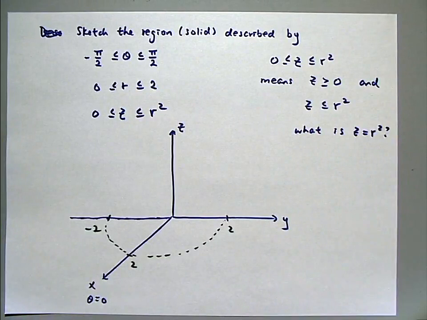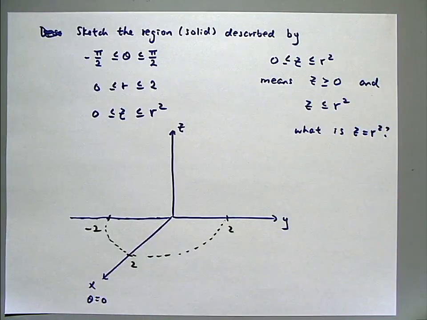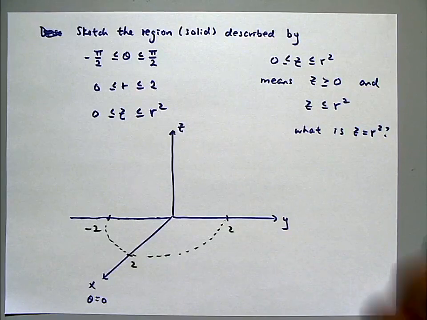If we can figure out what z is equal to r squared looks like, then we know the region we want is always bounded below this thing and above the xy plane. So what is z equal to r squared? Look at the last example. It'll help you. What do we have? Paraboloid opens which way? Up, down, left, right. Up, yeah, positive z, right?